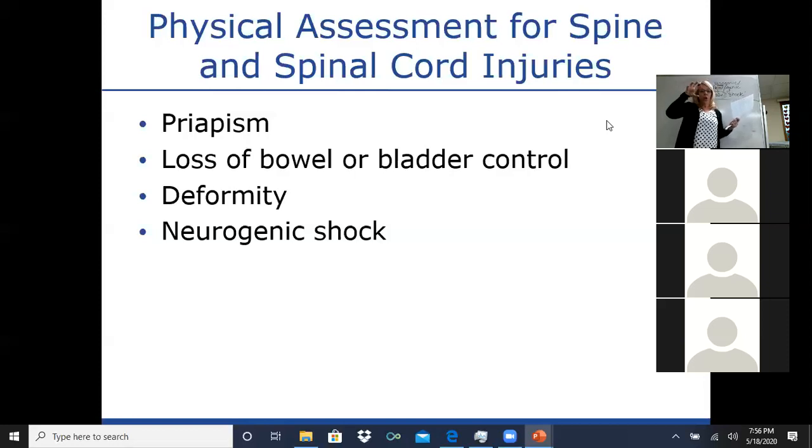All of those origination factors go through that medulla, but then the nerves are stimulated right below. And that is where all of the vessel control happens. So typically when we see a patient with neurogenic or vasogenic shock, that is a patient with a high spinal injury, okay?